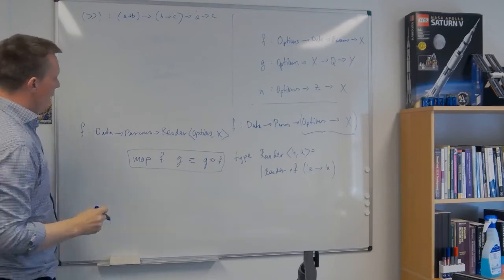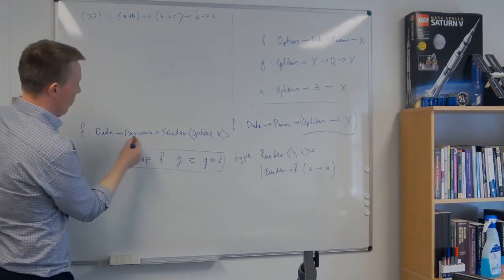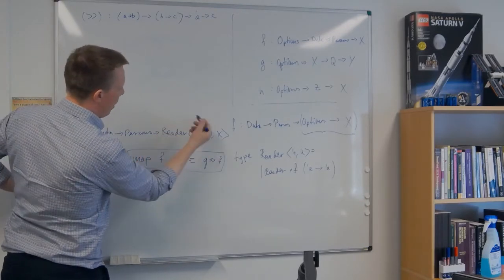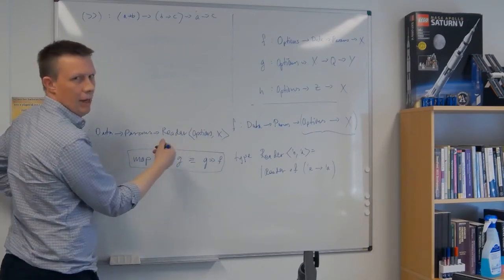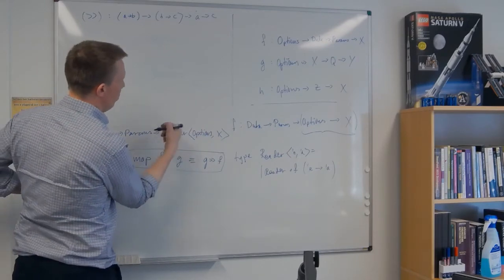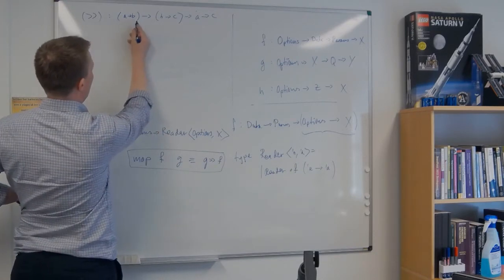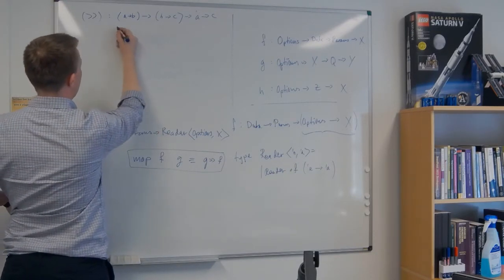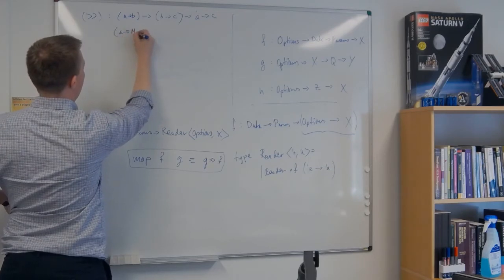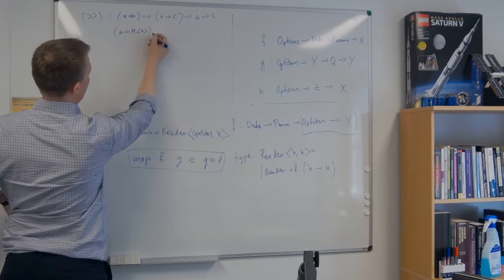Now, when we have a function which returns some sort of wrapped up type, like Reader or Option or List or something, then we take in a normal a, but what we get back is something like a to m of b, where m is now some container type.